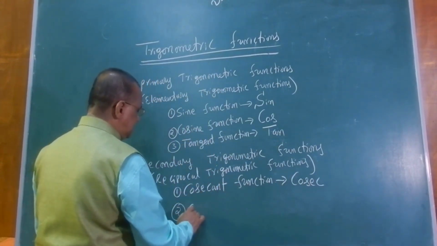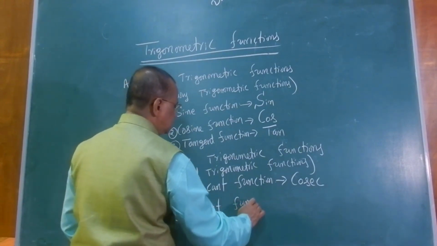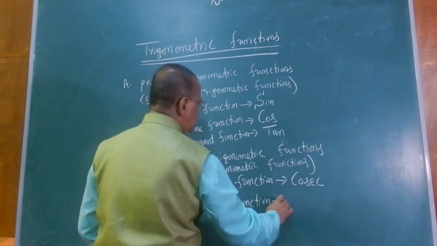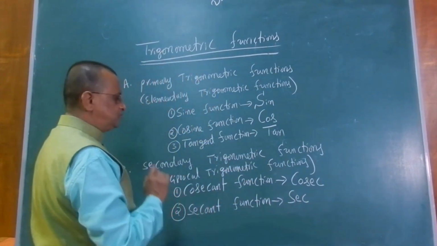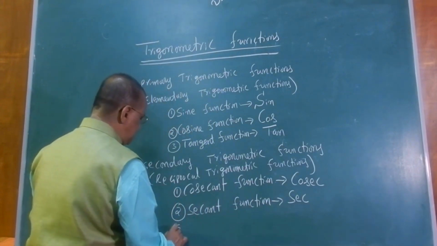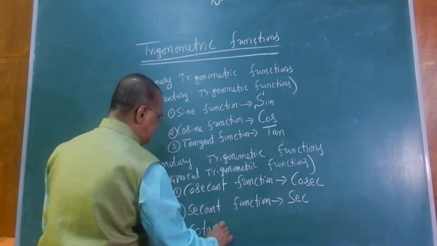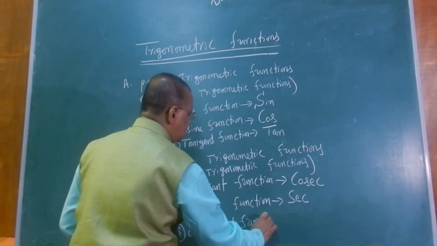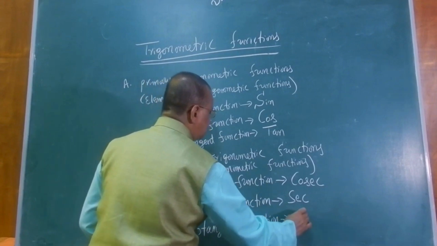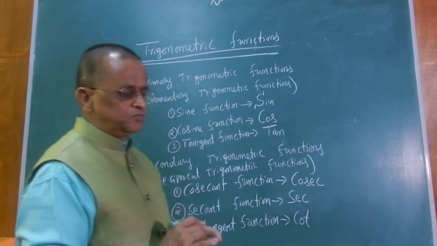Second one is secant function. Secant function, we write it as S-E-C, sec function. Third one and last one, cotangent function. We write cotangent function as C-O-T, cot function.